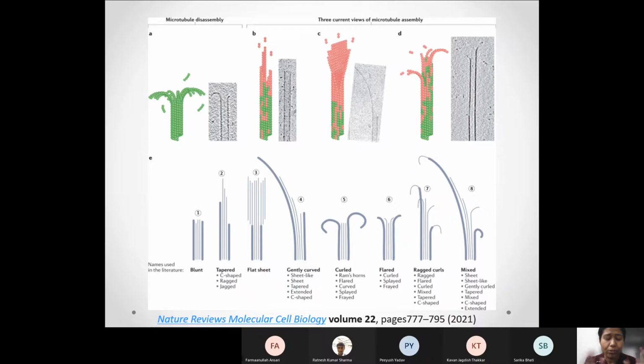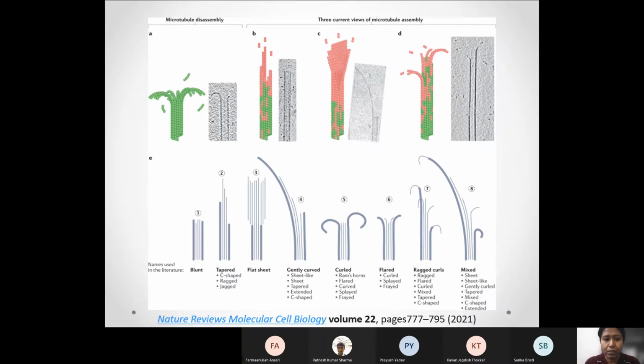So the theory here is that you have the formation of this tube-like structure from the nucleation center. You have these protofilament-like structures that are formed along the nucleation center, and then they grow by addition of dimers to the ends, elongating this microtubule.